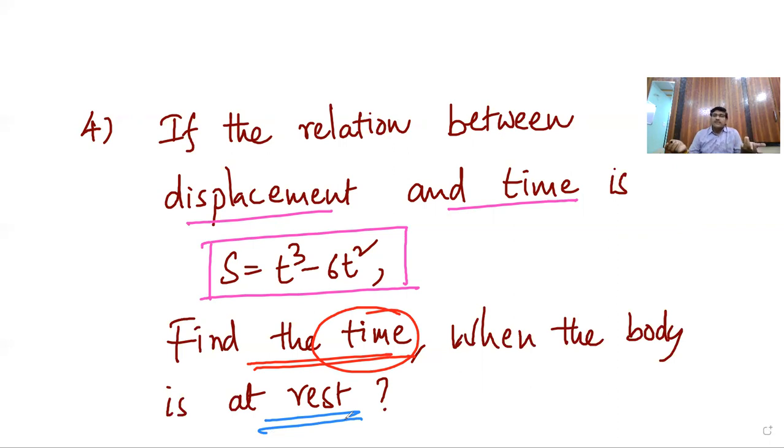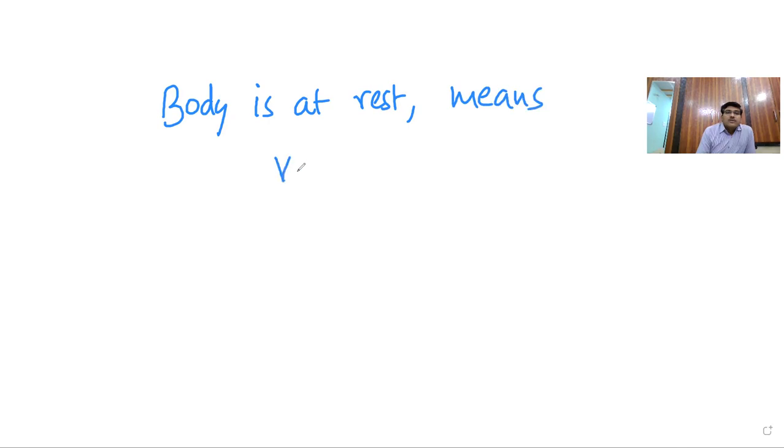When there is no velocity, the body is at rest. So body is at rest means velocity is 0. Clear?